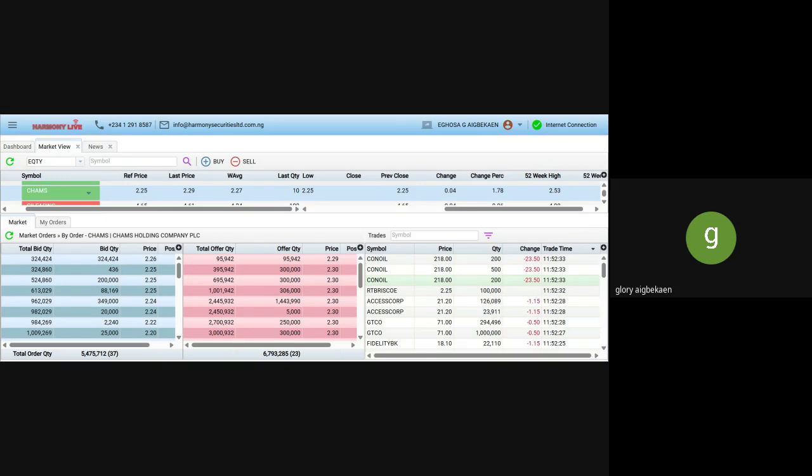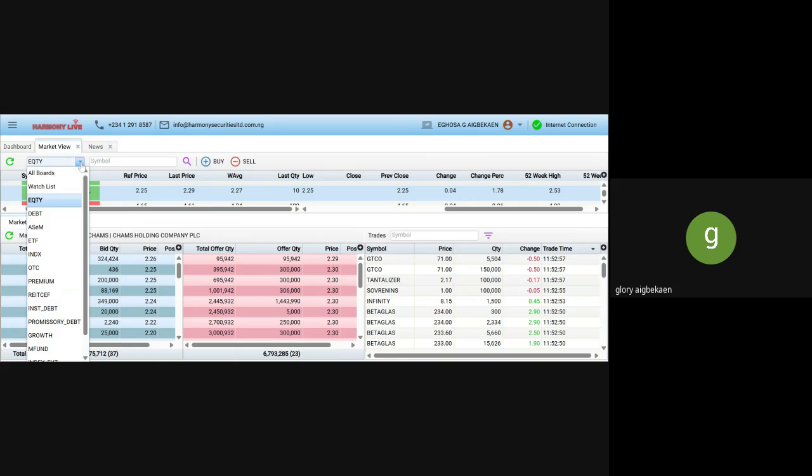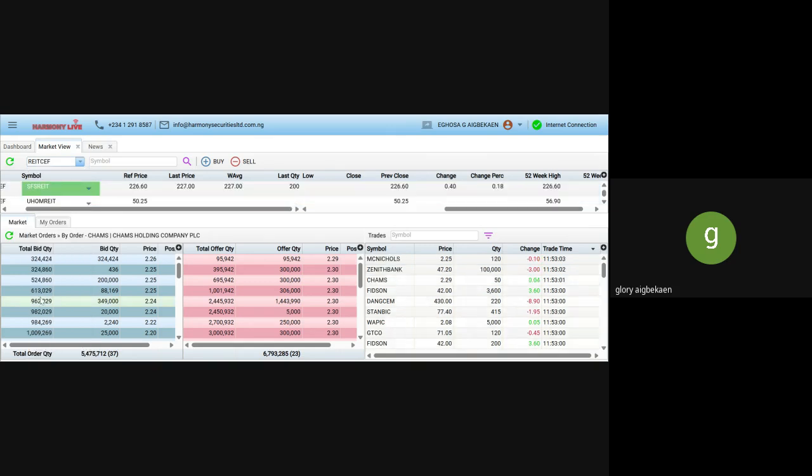But I've been noticing that their price has been hovering between 5 naira 85 kobo and 6 naira 30 kobo. That's where their price has been hovering. Now, if you go to their price today, you see it under rent, on the board.